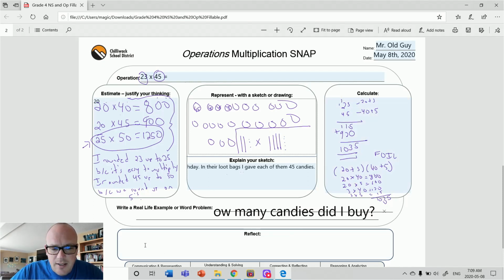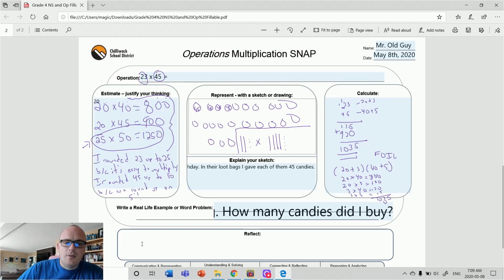The last part is reflect on your answer. So in this part here, you just reflect on the learning process. I enjoyed using the FOIL method. I'm having a really hard time this morning.